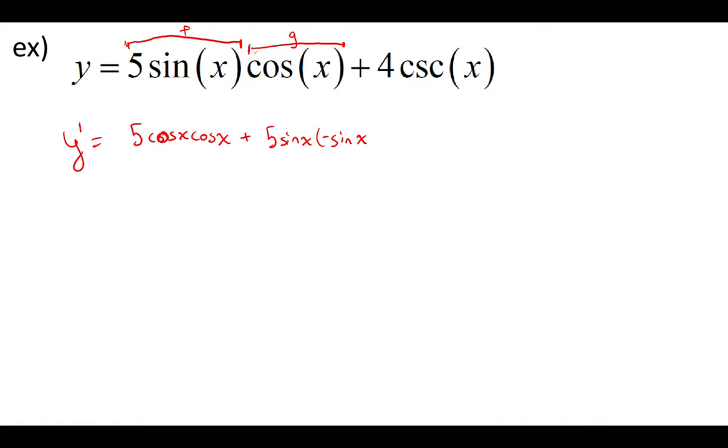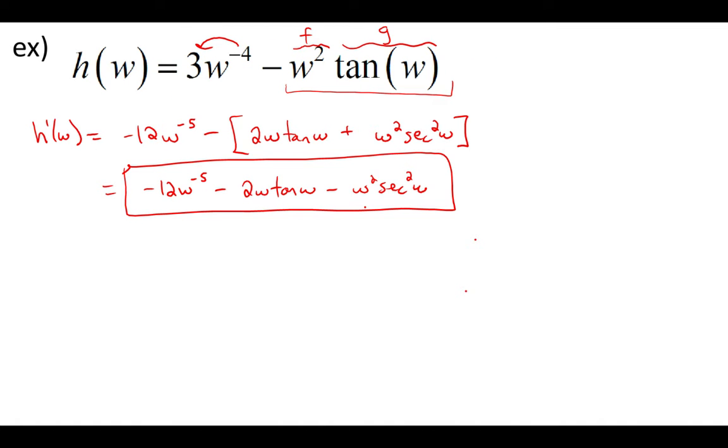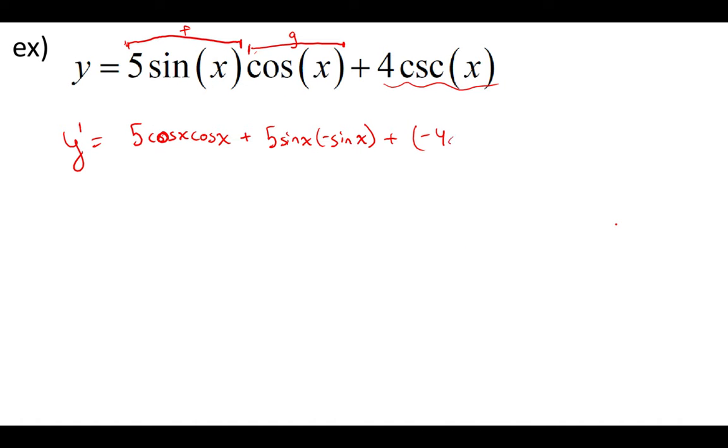So minus sine x. Plus, so that's my product rule, my first two functions there. But I still got this left over here. The derivative of 4 cosecant x would be negative 4 cosecant x cotan x.